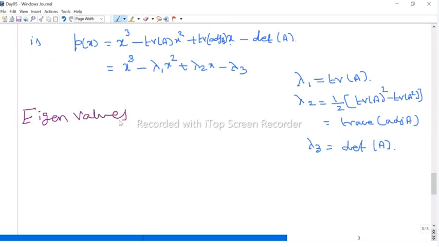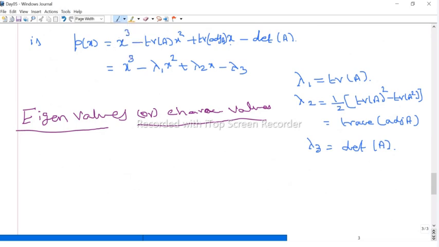There are so many names: eigenvalues, characteristic values, characteristic roots, or latent values. Usually they will refer to either eigenvalues or characteristic values. I write here characteristic, so I start my way.